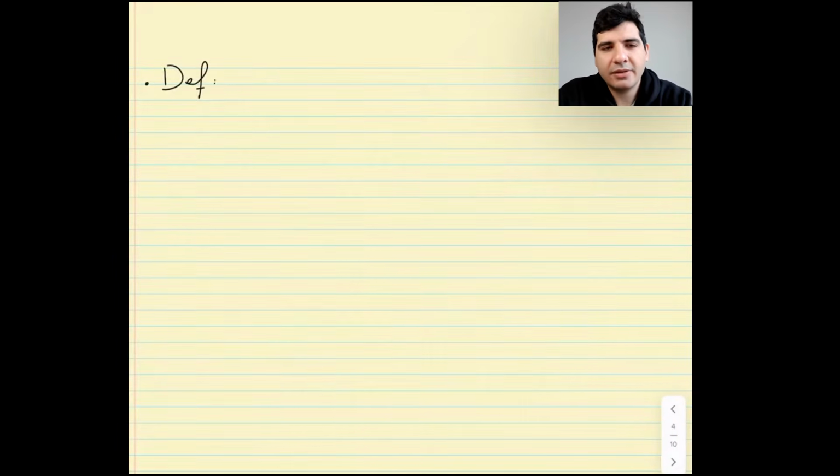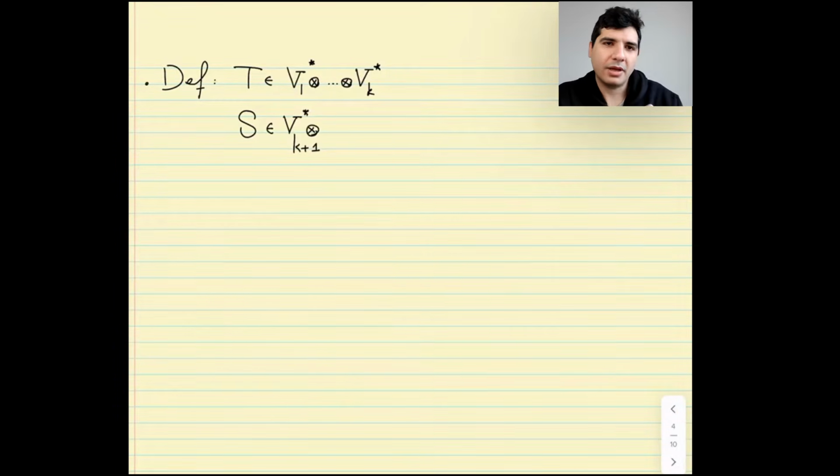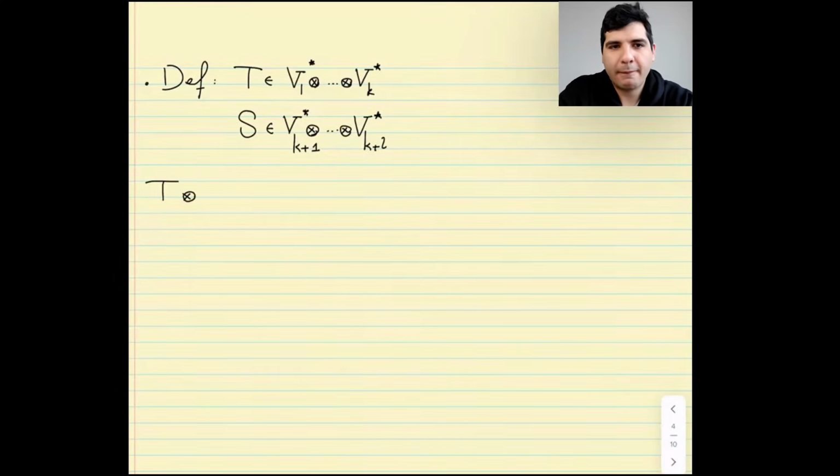Okay, let's now define a new concept. Suppose we have T, a multilinear map on V1 up to Vk. So T is an element of V1 star tensor up to Vk star. Let's say S is also a multilinear map on another set of vector spaces. So let's say S is an element in V(k+1) star up to V(k+L) star.